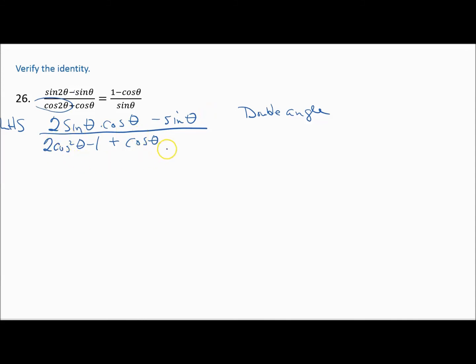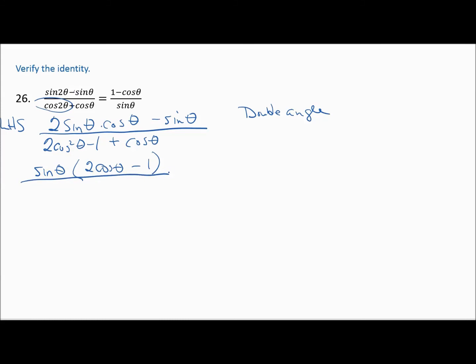In the denominator, we might want to write that in descending order and see if it'll factor. So here I go. In the numerator, I'm going to factor out a sine of theta. This is in the realm of try something. That's going to give me 2 cosine of theta minus 1. Right now, I don't know if that's the right thing to do or not, but that's what we've got.